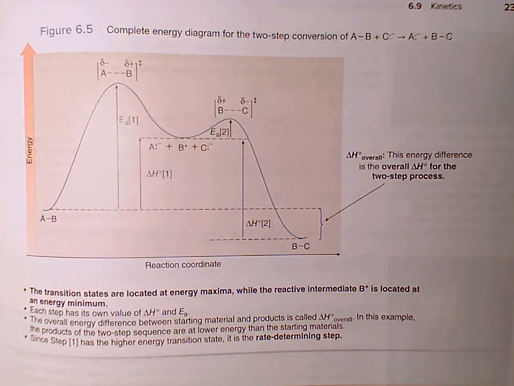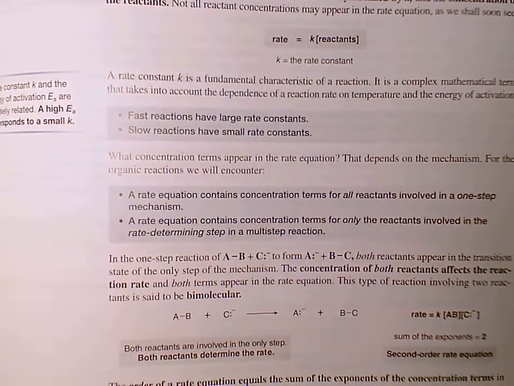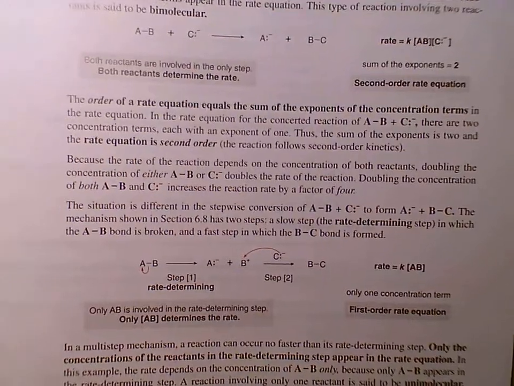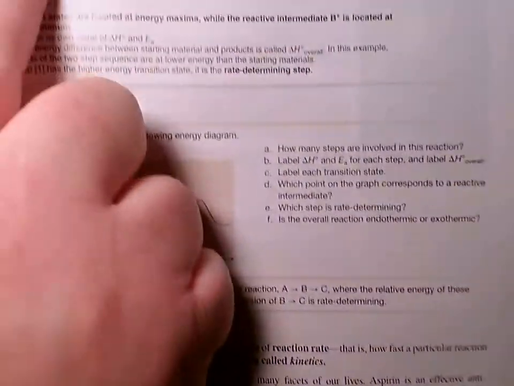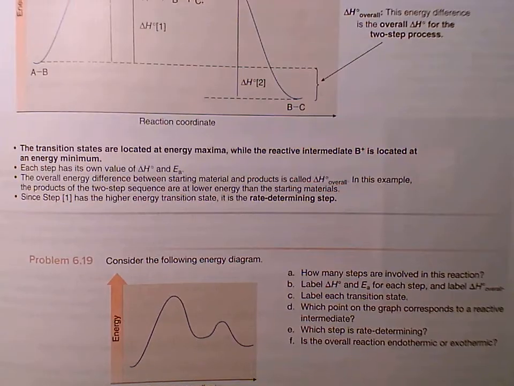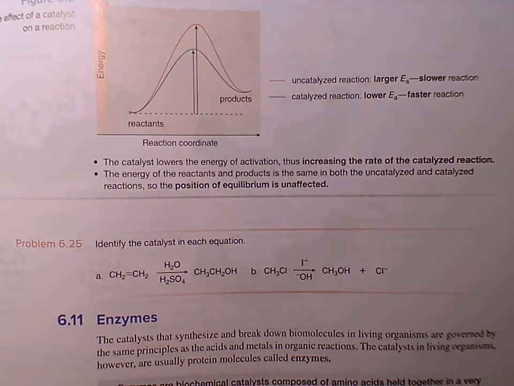So this is the slow step. Our rate law for that slow step would be rate equals k times the concentration of AB, because in our slow step, AB is our only reactant here. Okay, cool.